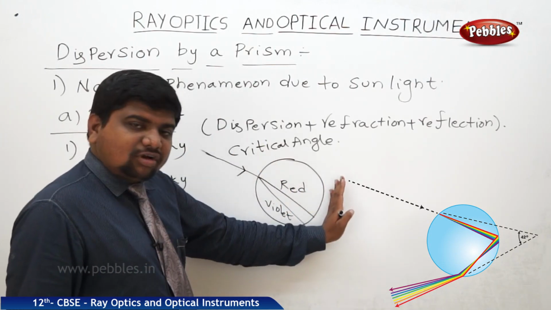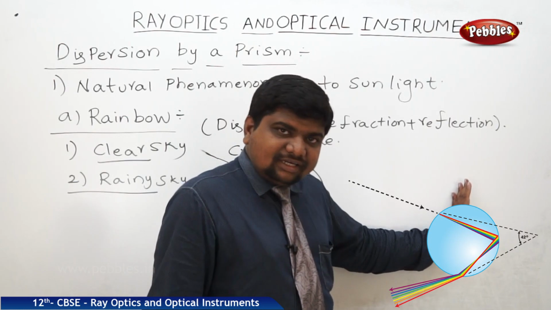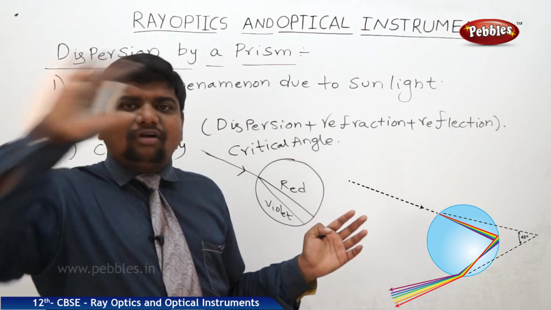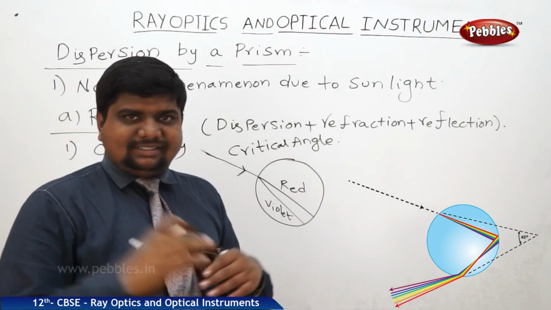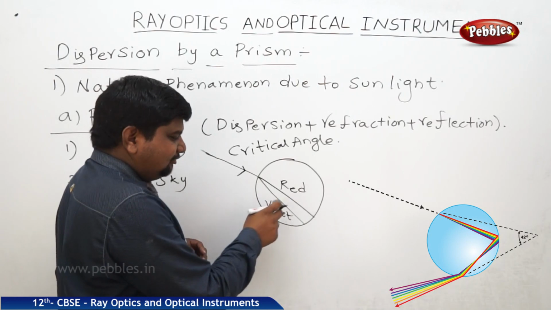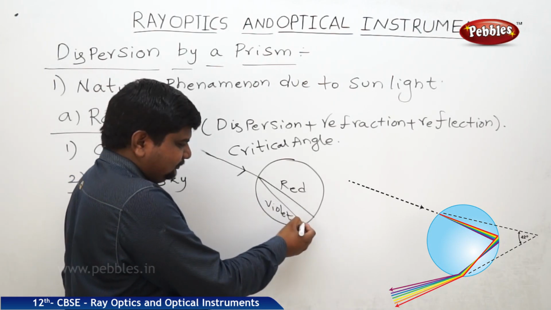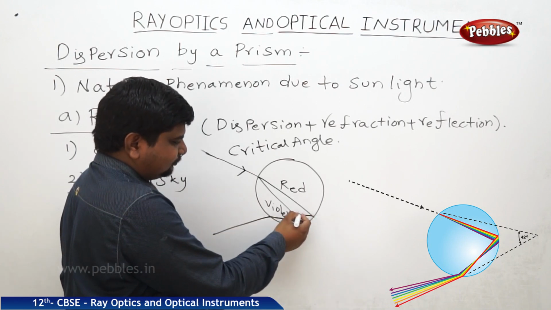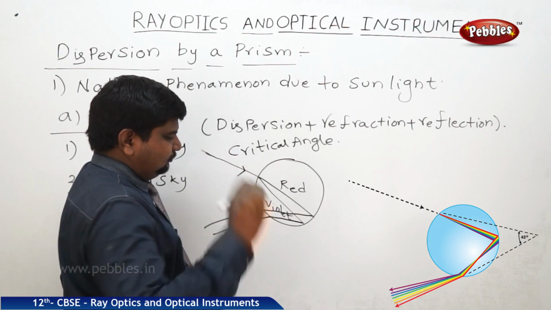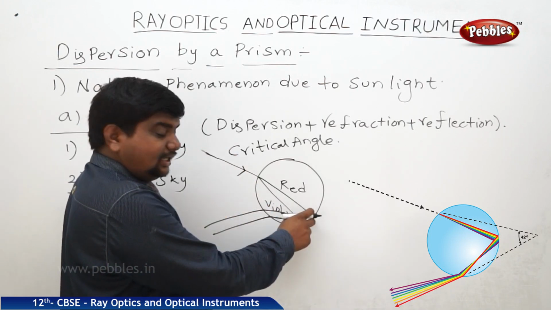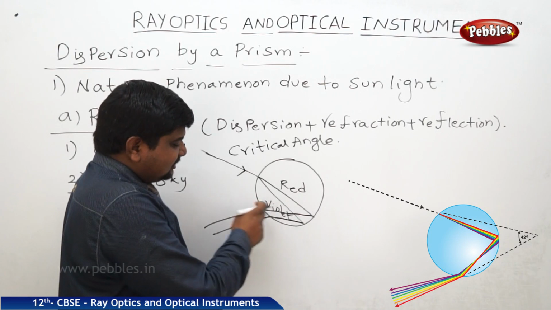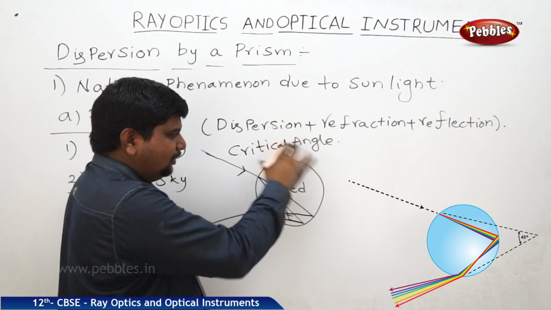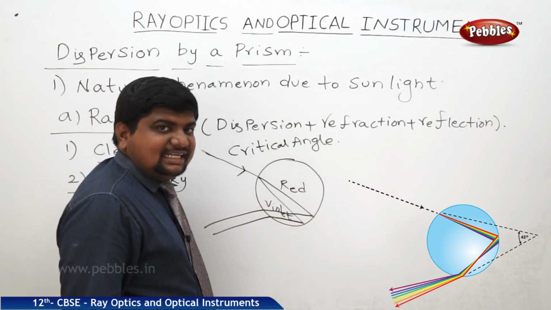Like that, one water droplet with red color, one with violet color, one with yellow color, it forms like this. So this order of water droplets appears as a band of colors. Red, violet. After that, the violet color again comes out of the water droplet like this. Because of the dispersion, while it is coming out, it refracts again. If the angle is more than the critical angle, then the full water droplet appears as a single color.